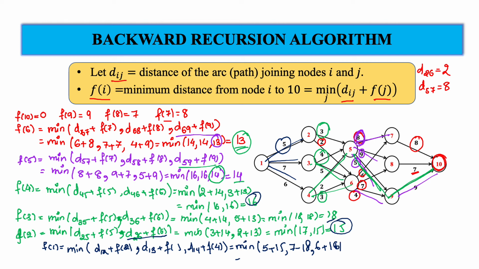So what you are getting? You are getting minimum of 20, 25 and then 8 plus 6 is 24. So what is minimum value? Minimum value is 20 out of 3.